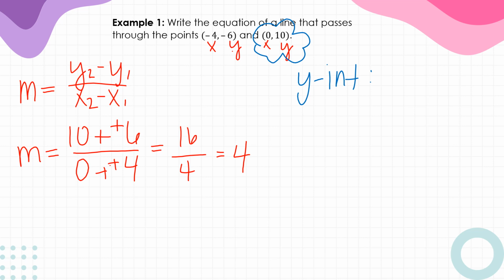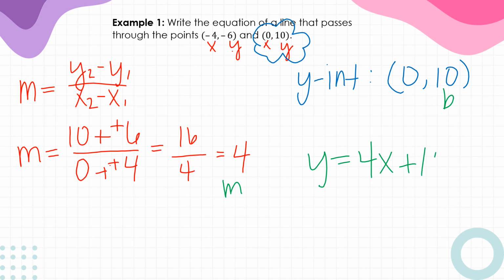So if I know that the line is passing through that point, then I know that the y-intercept is (0, 10). And so that means that this is my b and 4 is my m. So now we can write the equation in slope-intercept form as y equals 4x plus 10.